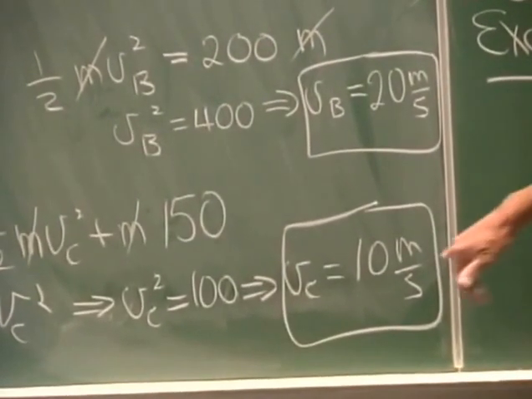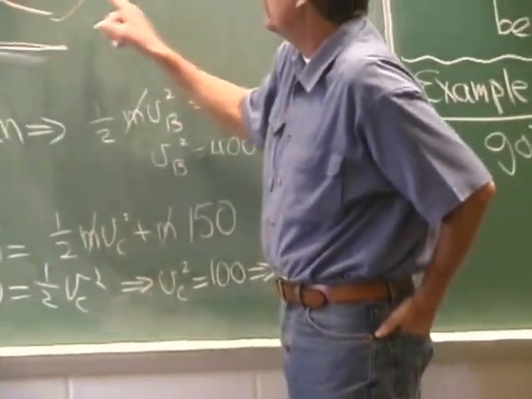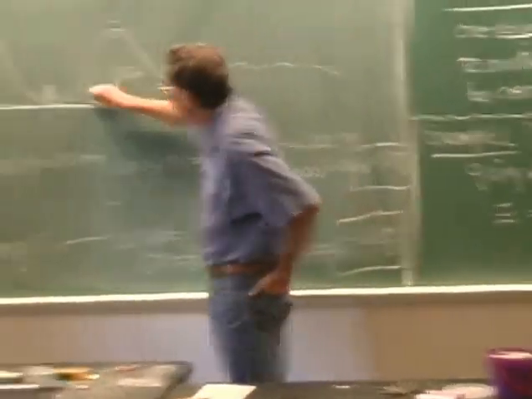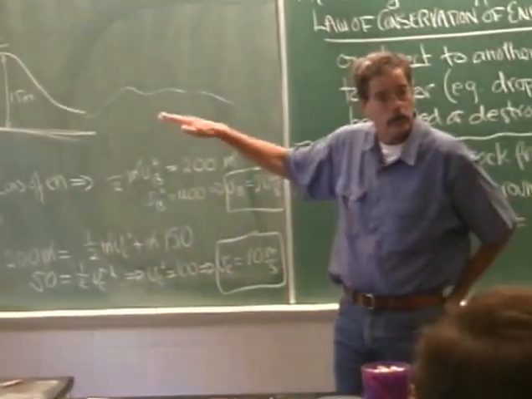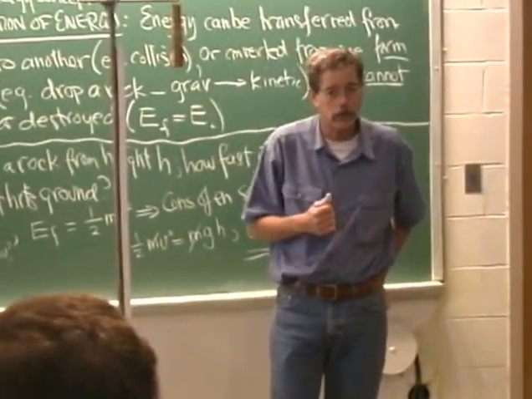See how easy this is? This track can go on forever, as far as I'm concerned, as long as there's no frictional losses in here. At any point, you tell me how high that point is above the ground level, and I'll figure out what the velocity is at that point. Conservation of energy.